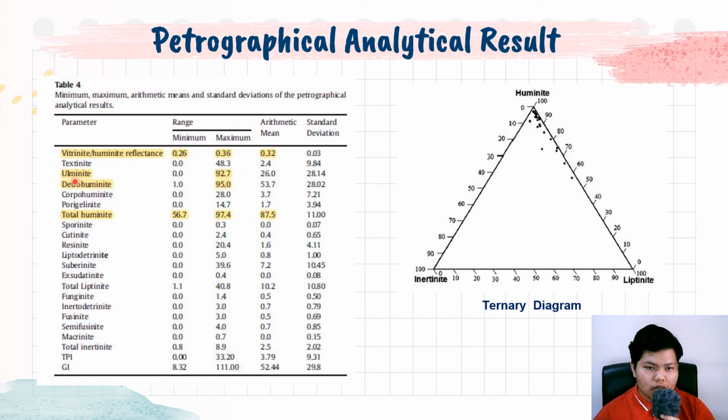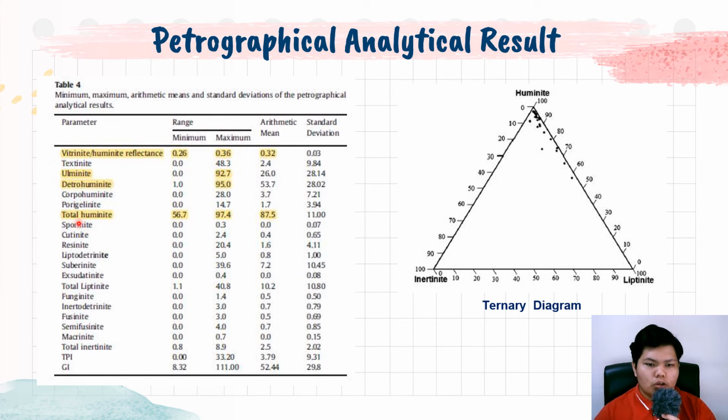As you can see, the ulminite is 92.7% in the rock sample and detrohuminite is 95.0% in several rock samples, with a mean value of about 53.7%.